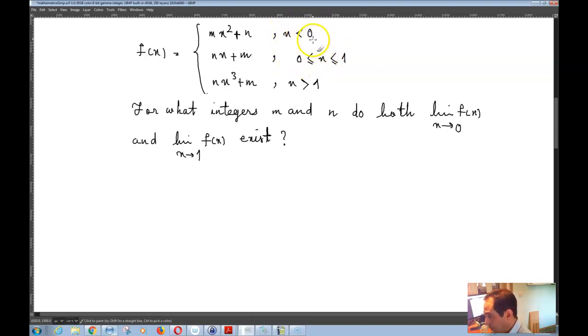And this is for x's less than 0. Now what we want to know is for what integers m and n do both of these limits exist, meaning the limit at x equal to 0 and x equal to 1.